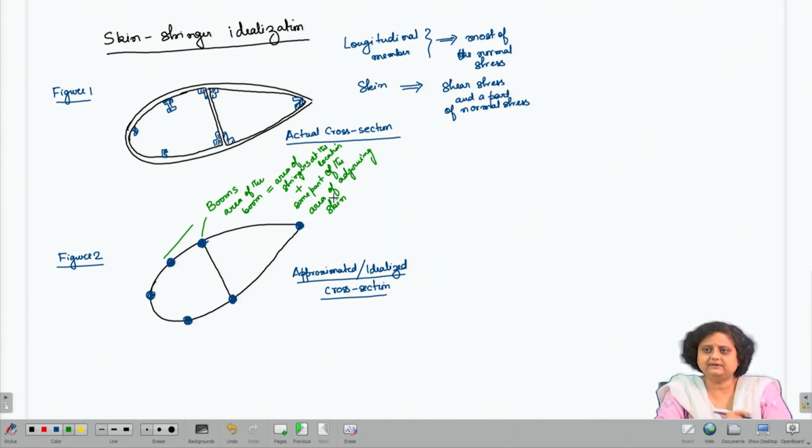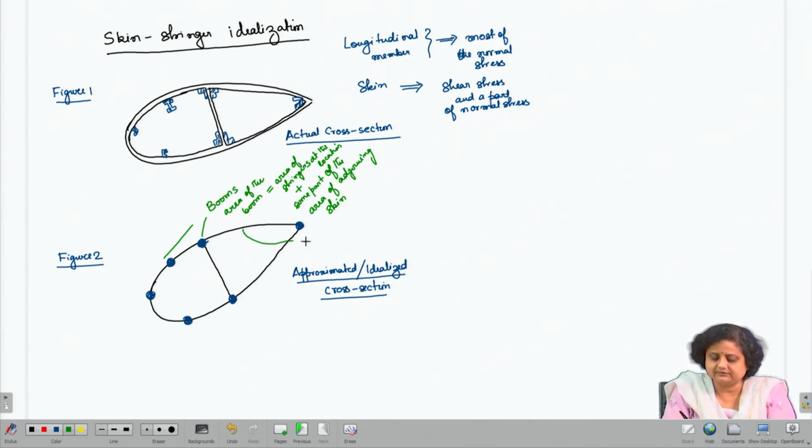Now, since this is the case, we neglect the thickness of the skin, because the entire area has now been shifted to the boom. Skin thickness is neglected.